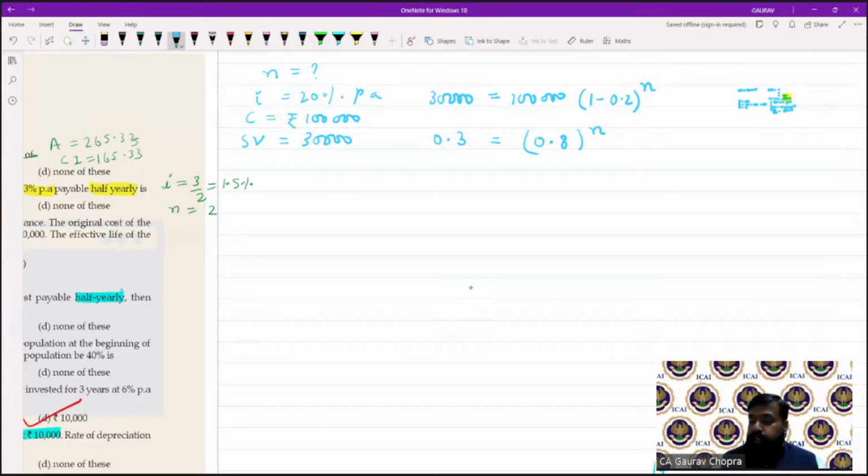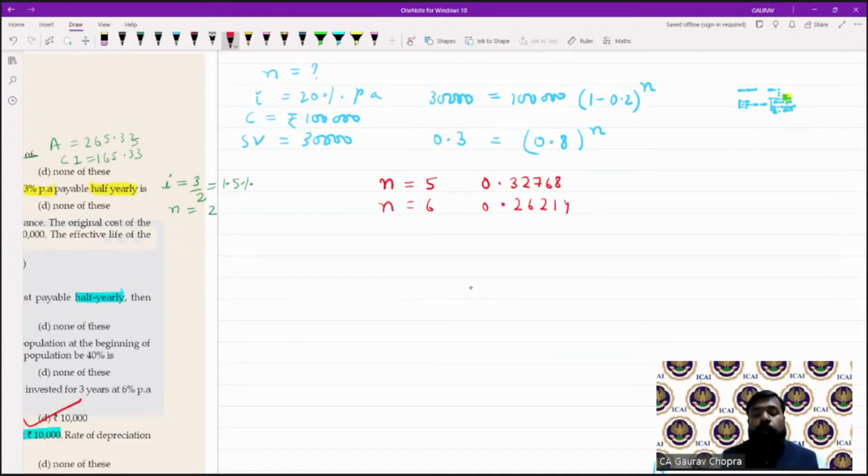So 0.8 to the power 2, power 3, power 4, power 5. When n is equal to 5, the value is 0.32768. And when n is 6, we are getting 0.26214.